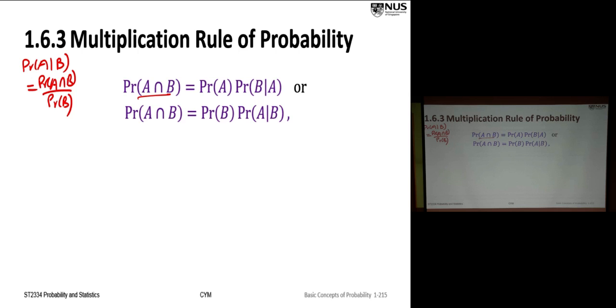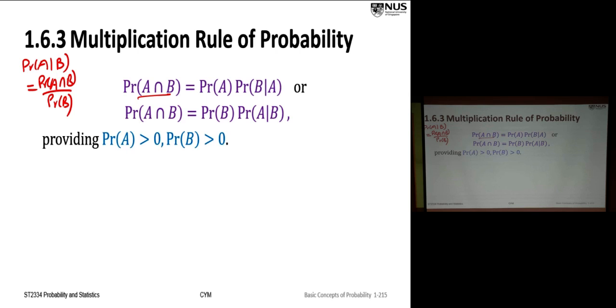So instead of looking at A intersect B, I look at it step by step. I look at A first, and then B occurs given that A has occurred. Why A first? We can have B first, so that's the second identity. This is the multiplication rule.